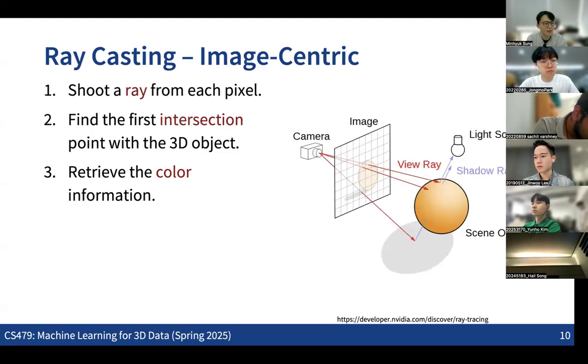The other way around is a more image-centric perspective. Instead of projecting things into 2D, we shoot a ray from each pixel in the image plane into the 3D space and see the first intersection point in the 3D space. Then we retrieve that information into the image plane. Actually, this process simulates a physical phenomenon, the light traversal.